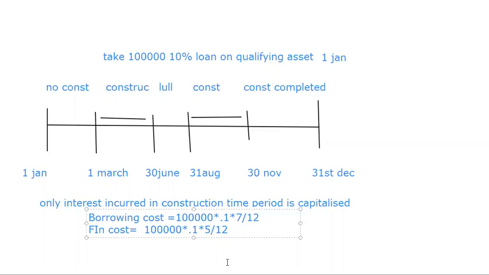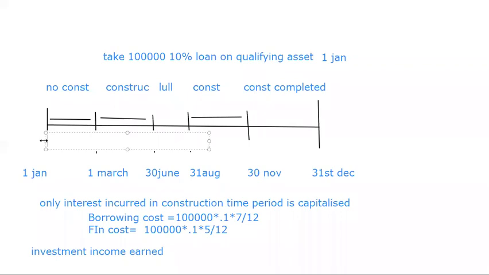Right now, the last concept. Right, the last concept is investment income earned. Investment income earned is that you see here in the first 2 months where we took the loan, but there was no construction. So what do we do with loan? Shall we waste it? No. We invest and earn.